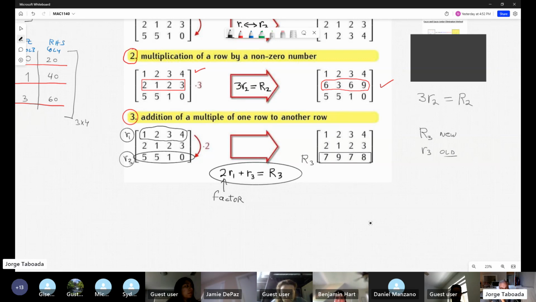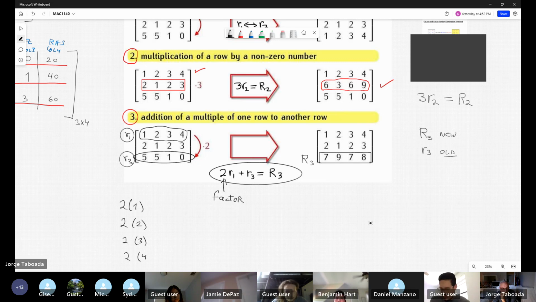This factor 2, which by the way I copy 4 times, you multiply each entry or element, whatever you want to call it, in row one. That is 1, 2, 3, and 4. That is the interpretation of row one.